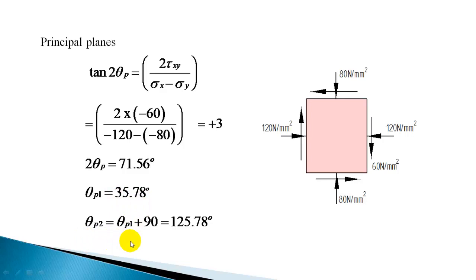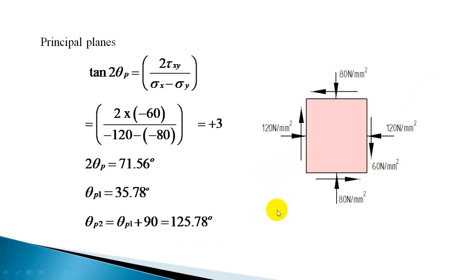So theta p2 is equal to theta p1 plus 90 degree, or 125.78 degree. So you got the principal planes. Theta p1 is 35.78 degree and theta p2 is 125.78 degree. These angles are measured from the vertical in the counterclockwise direction. So from the vertical 35.78 degree is one of the principal planes, and perpendicular to that is the next principal plane.